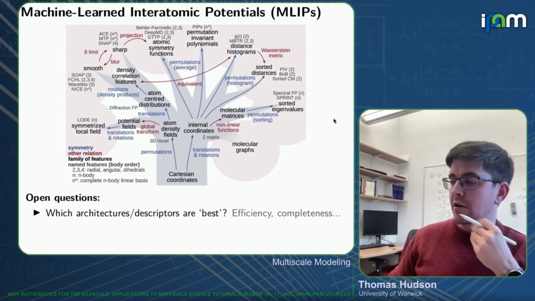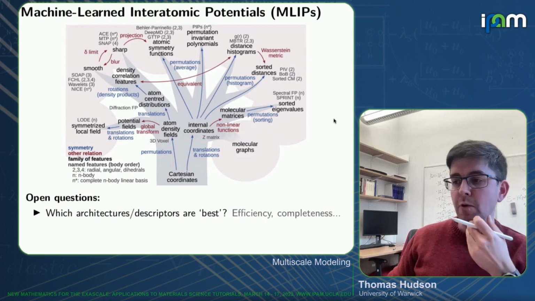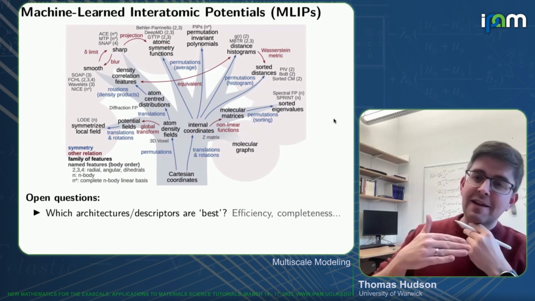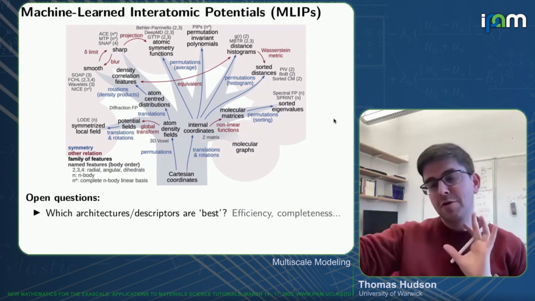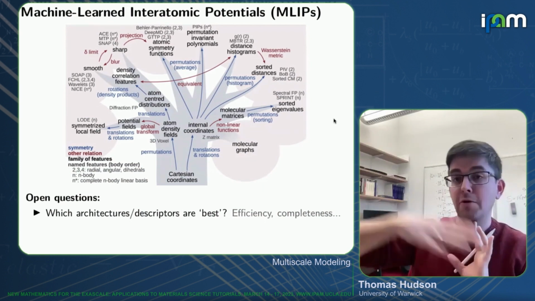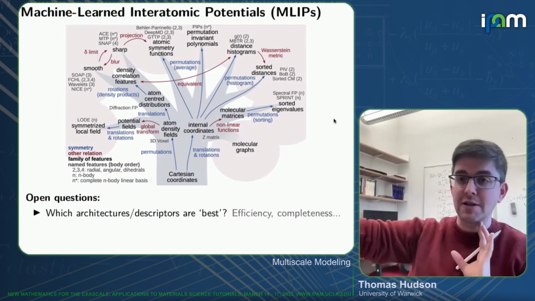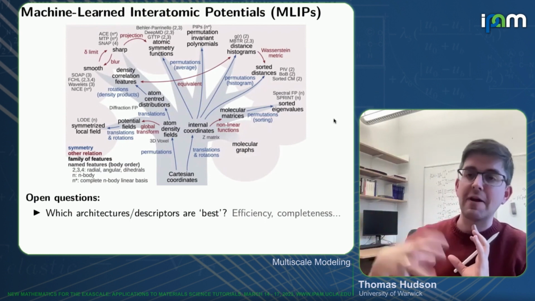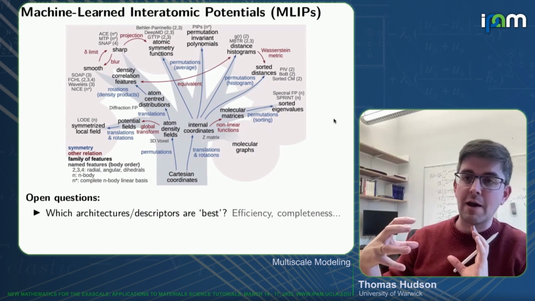And that particularly includes asking which ones are complete in a mathematical sense. Typically you have some description in terms of these descriptors, but you're going to have to truncate your approximation of the information at some point, because you want to reduce the number of degrees of freedom to actually fit something in a fairly efficient way.